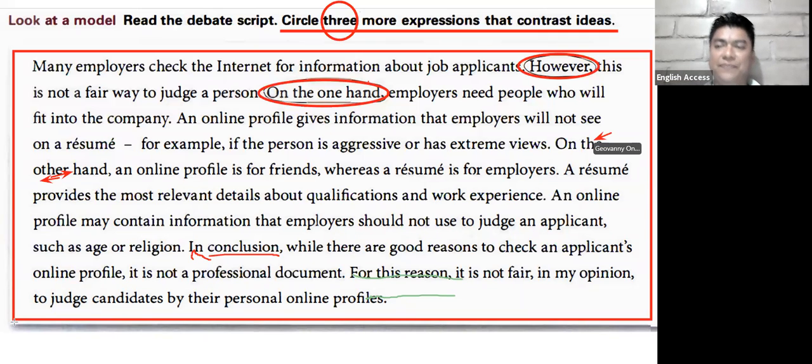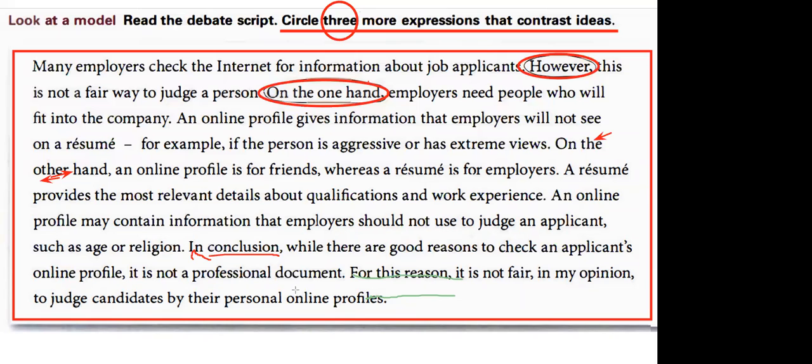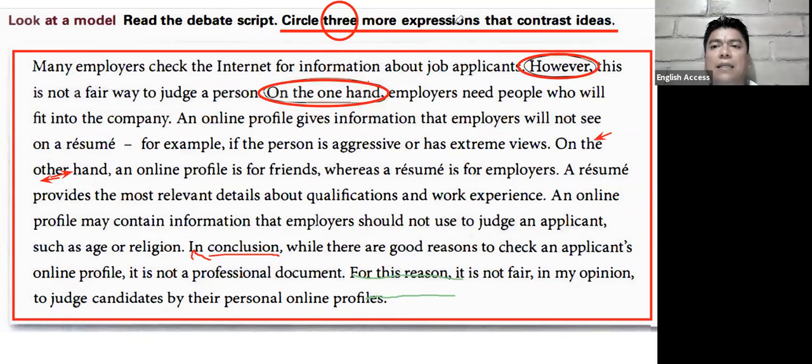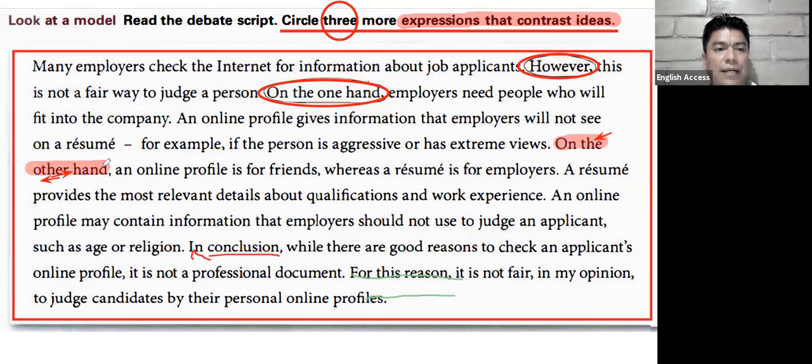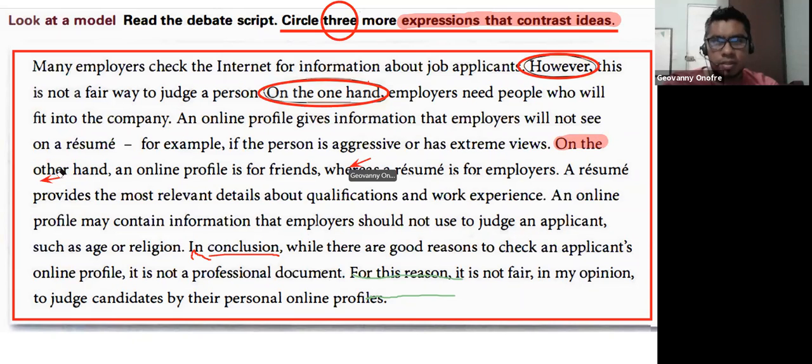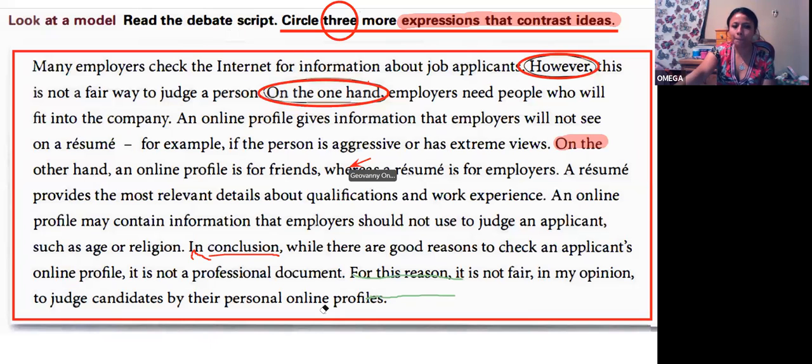Okay. Sorry. It's all right. So I have this one right here. Once again, expressions that contrast ideas. That will be on the other hand. 2 more. This one, whereas. Whereas.